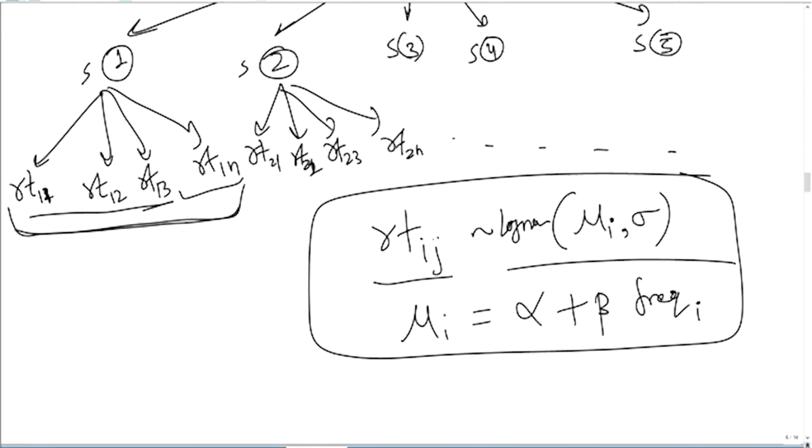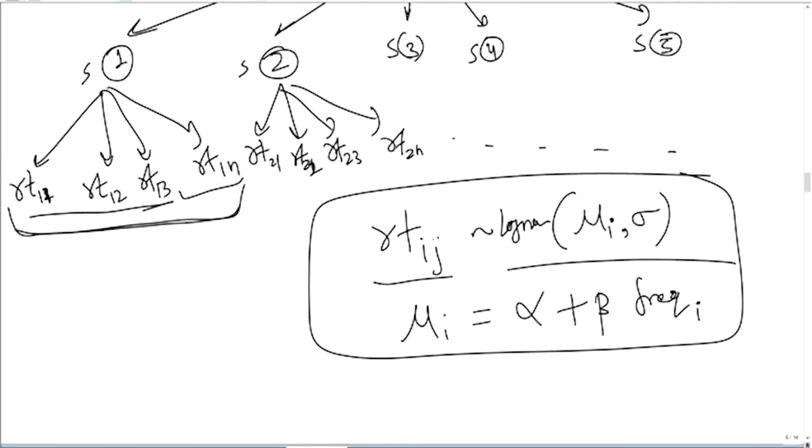So this violates the independence assumption, that all these reading times or reaction times across subjects are not independent anymore, because they are clusters, they are coming from different subjects. So reaction times from a single individual subject will be correlated with each other.